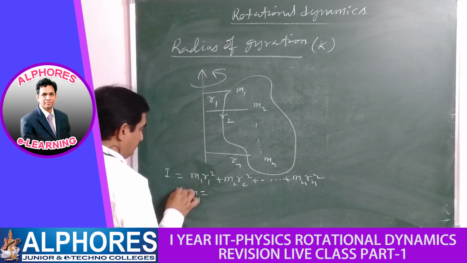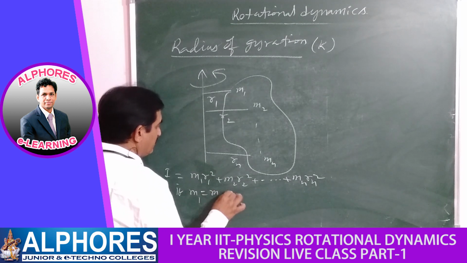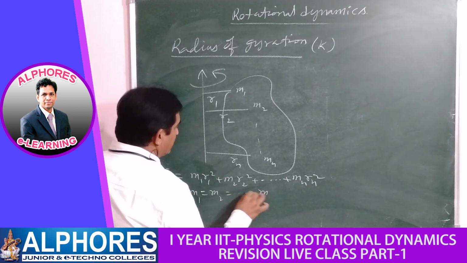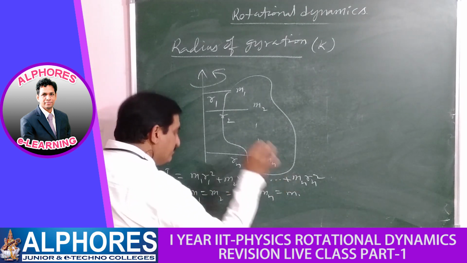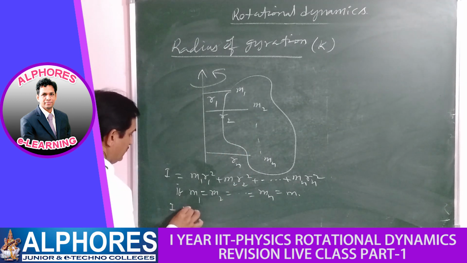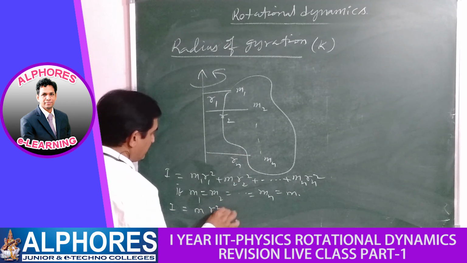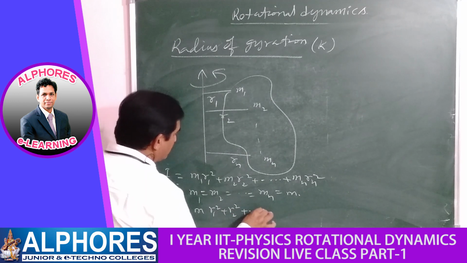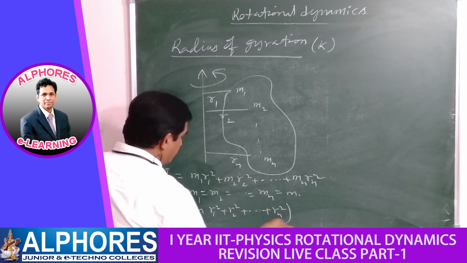If m1 is equal to m2, and so on, equal to mn is equal to m, now I is equal to m times r1 square plus r2 square plus so on, rn square.